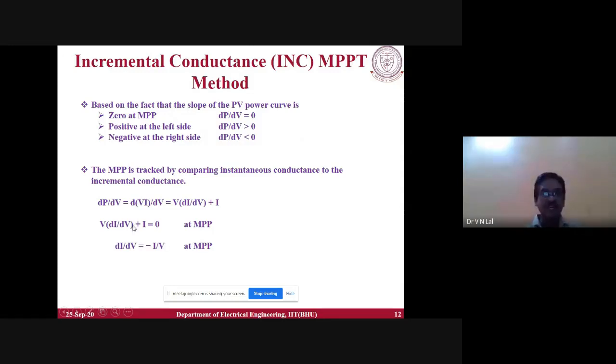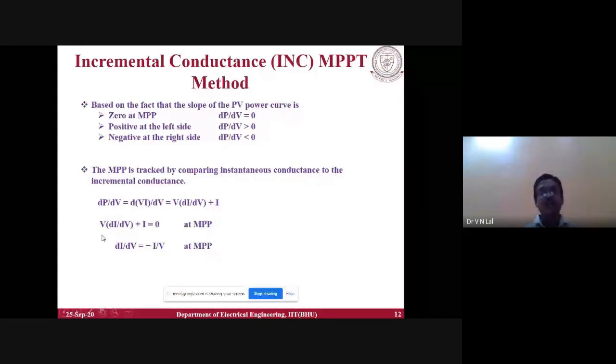So we can say that dI/dV is equal to minus I/V. So what are we comparing? We are comparing instantaneous conductance with incremental conductance. That's why this method is known as the incremental conductance method.